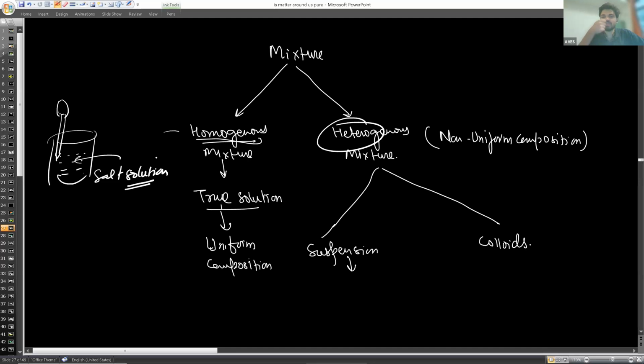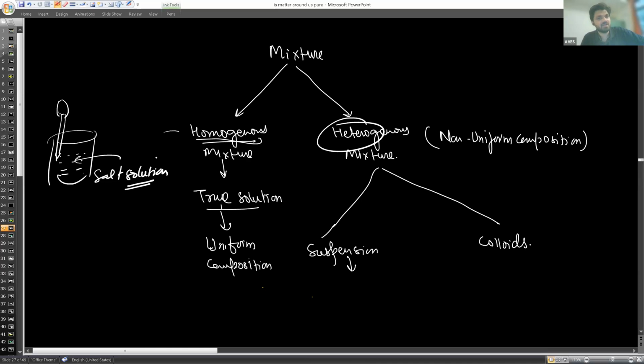If you take one tablespoon of halwa, sometimes it can be a kaju in your mouth, another time it can be kishmish, another time it can be nariyal. So there can be different components there. You are not going to have the same taste, the same composition. So we'll say that it is not homogeneous. It is heterogeneous. Heterogeneous means different composition. Every time you are not going to get the same product in your mouth. That is called heterogeneous mixtures.